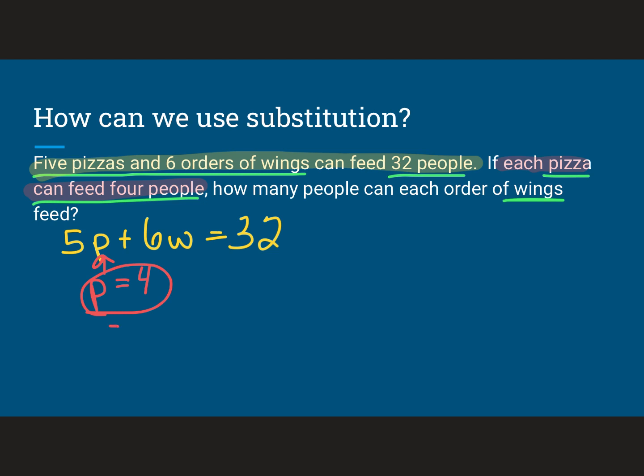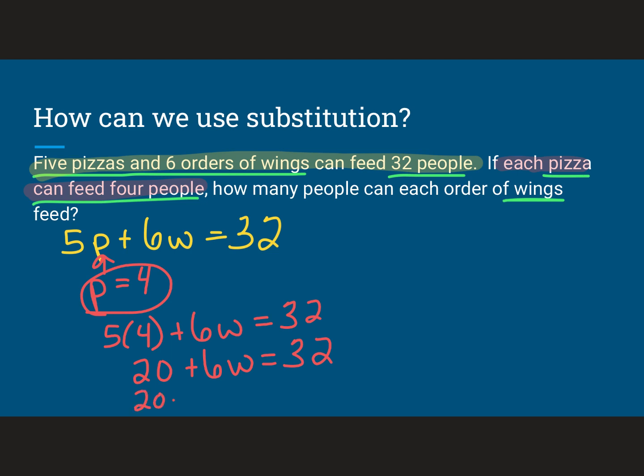So I have 5 times 4 plus 6W equals 32. Well, 5 times 4 is 20, plus 6W equals 32. So I'm going to subtract 20 from both sides. So 20 minus 20 plus 6W equals 32 minus 20.